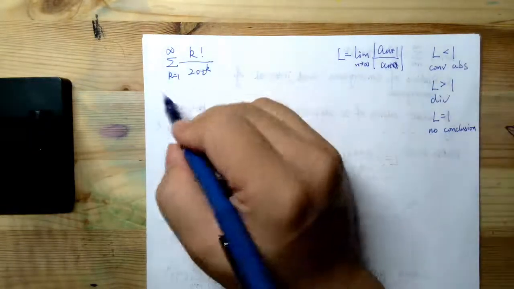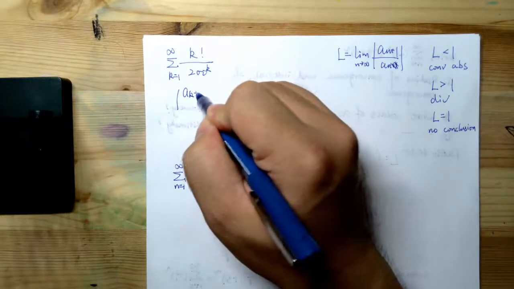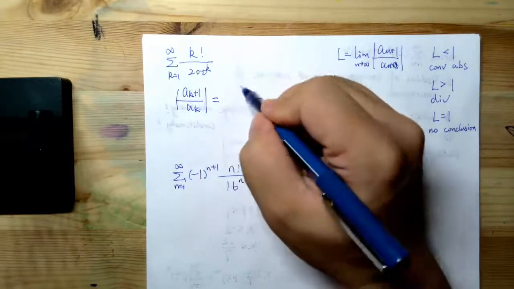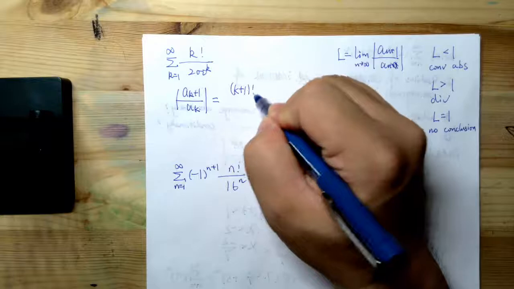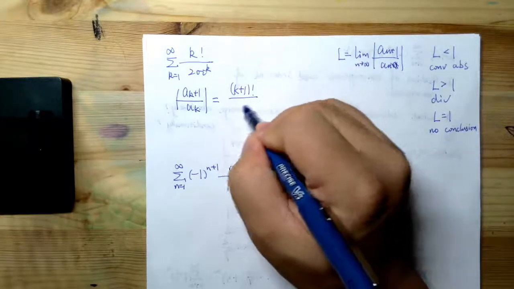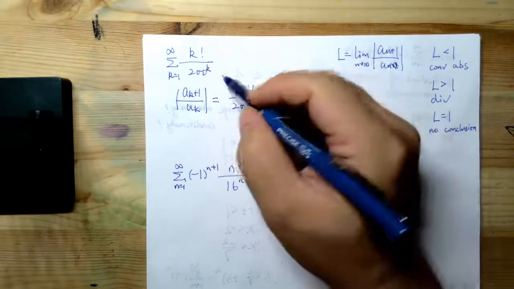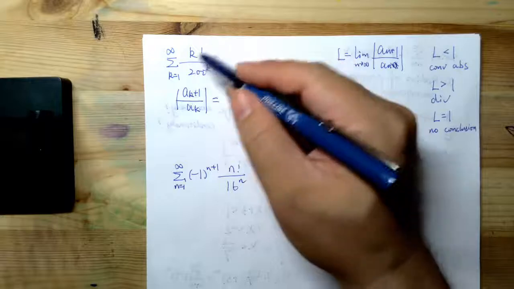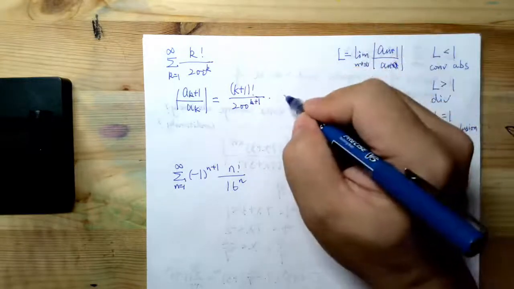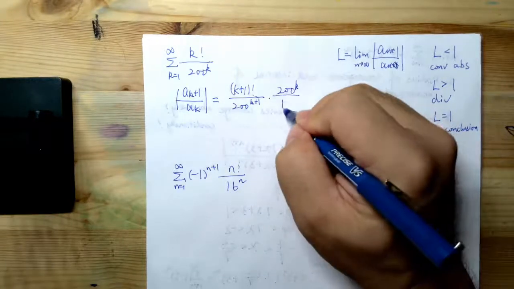If we apply the ratio test, we're going to have a_(k+1) over a_k, so that is (k plus 1) factorial over 200 to the power k plus 1, and then over a_k, which is equivalent to multiplying by the reciprocal, so it becomes 200 to the power k over k factorial.